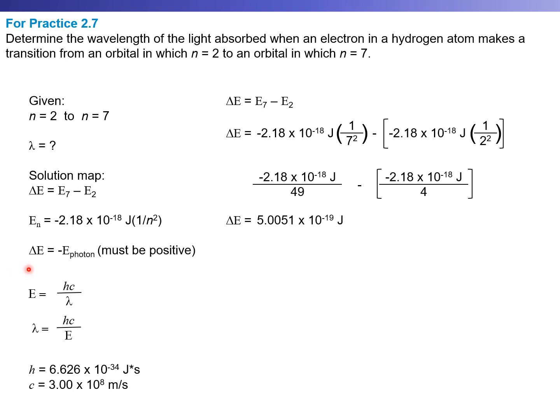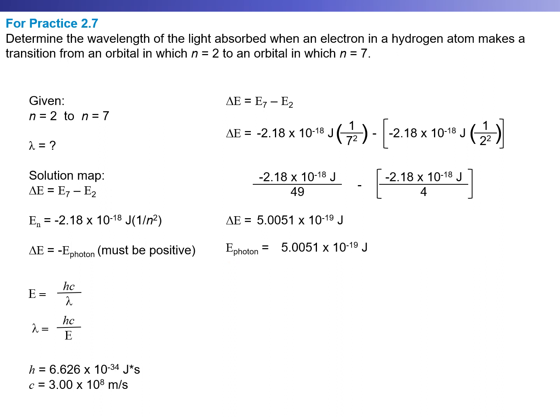So we're not going to say that the change in energy is the opposite of the energy of the photon. We're actually going to say they are the same, because the energy of our photon has to be positive. So we're going to preserve the value, and we're going to say that the energy of the photon is 5.0051 times 10 to the negative 19. So I did not bother to put the negative sign here, because the energy of the photon must be positive. So don't be tripped up on that.